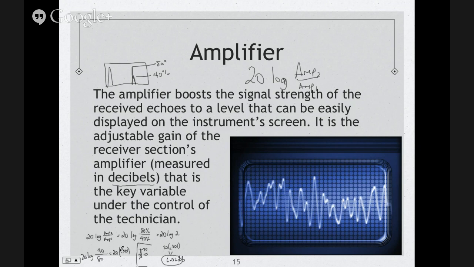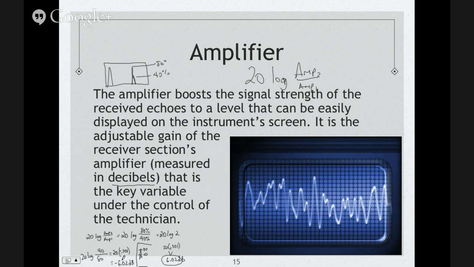Now you multiply that by 20 and the answer is going to be minus 6.02 decibels. So if we have an indication at 80% and we want to make it 40%, or we want to cut it in half, we would have to subtract 6 decibels. So it makes sense, right? If we want to double it, we add 6. If we want to cut it in half, we decrease our gain by 6.